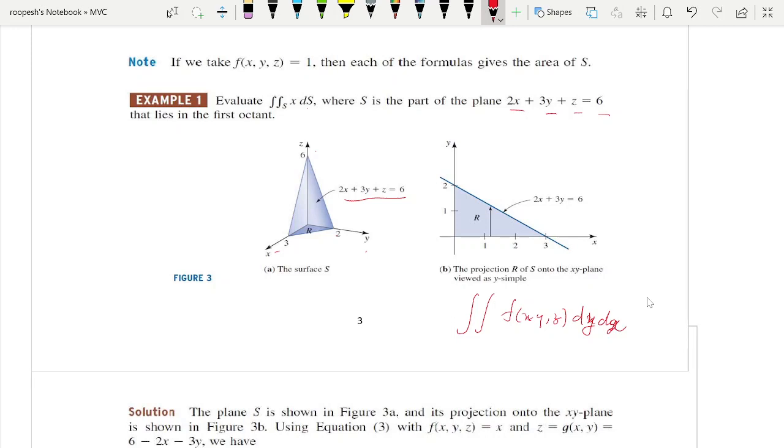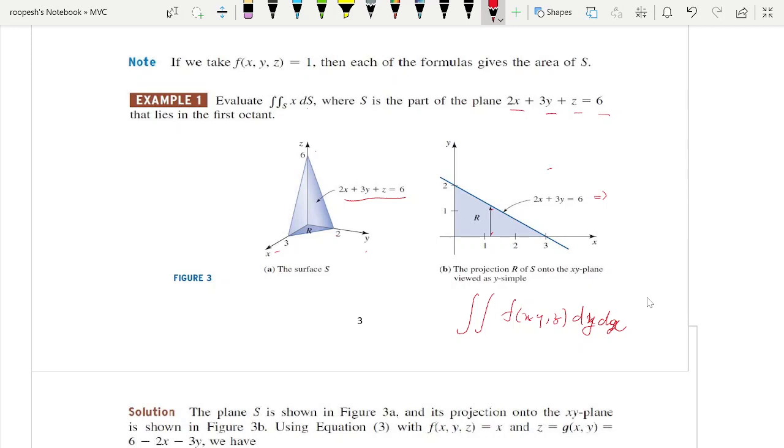So y is ranging from this point to this curve. From this, what you're getting is this equation now. In this case z equal to 0, because you are projecting that to the xy plane.